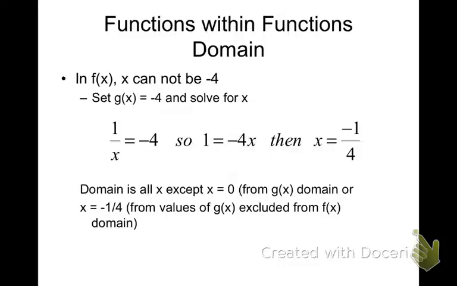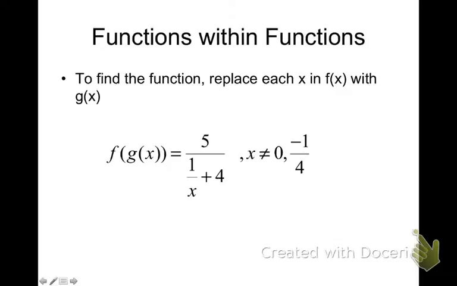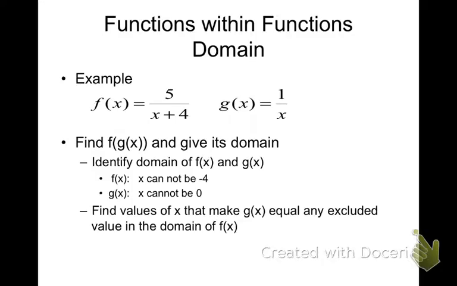So let's do this. X can't be negative 4. So this is how you would find the y's that are not included in x. I'm going to show you a different way to do it in a second. So you know x can't be 0 because of g of x being the inner function. But it's also true, if we look back at f of x, you have an x plus 4 in the denominator, so x can't be negative 4.